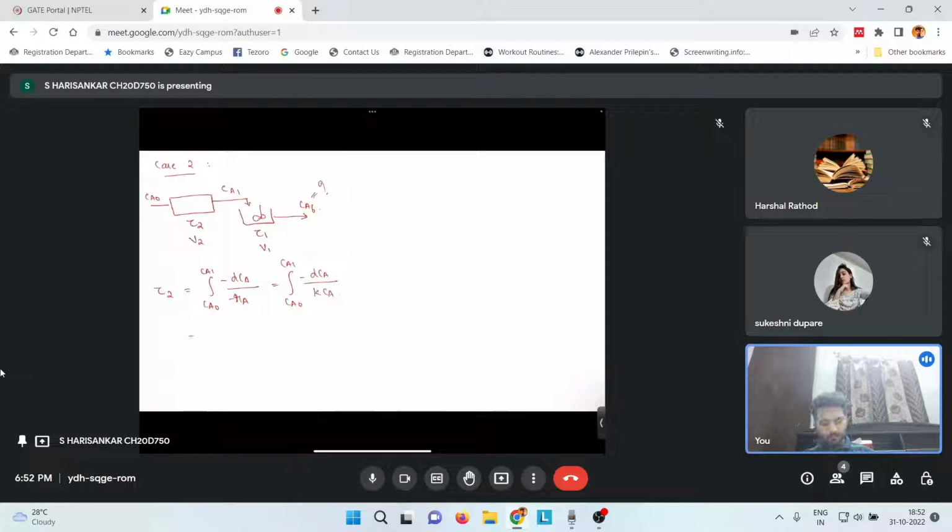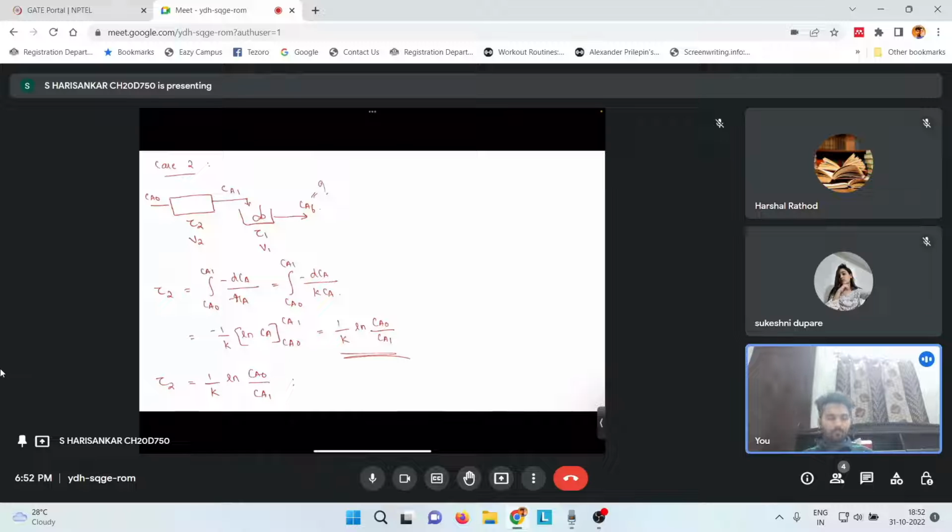So this is basically minus 1 by K ln CA from CA0 to CA1, and we can write this as 1 by K ln CA0 by CA1. So tau 2 is equal to 1 by K ln CA0 by CA1.